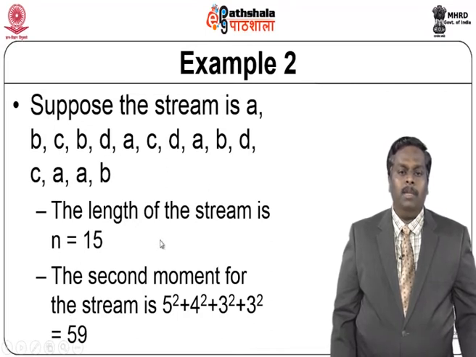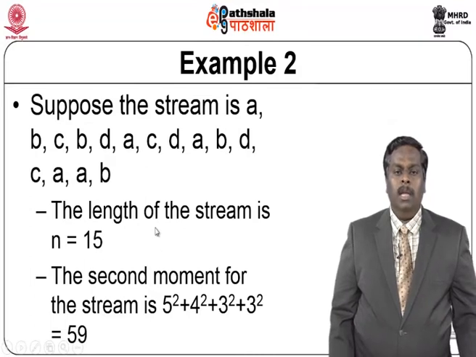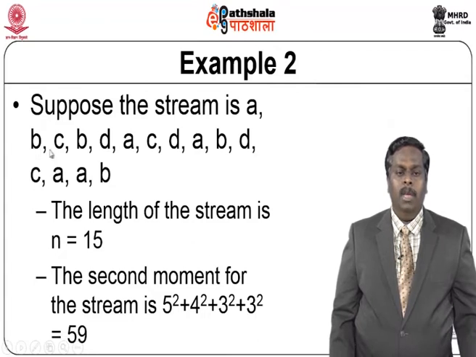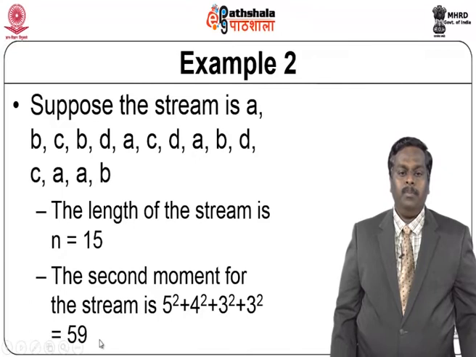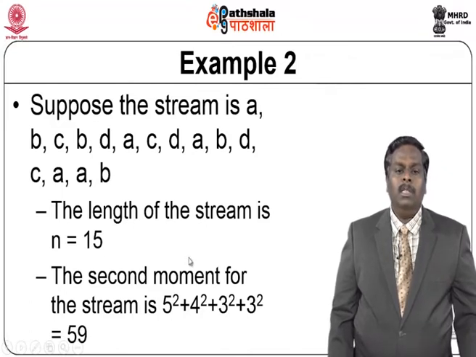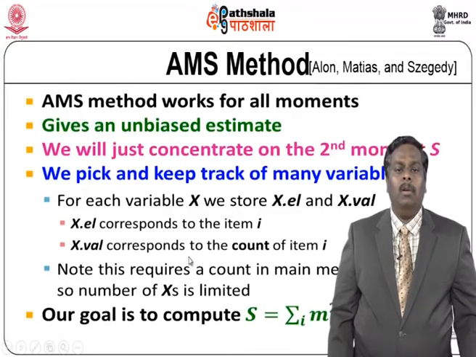Now, if you take these values and use them in the equation of the second moment, it will be equal to 5 squared, the number of times A has occurred, plus 4 squared for B, plus 3 squared plus 3 squared for C and D respectively, which is equal to 59. So, this is how the second moment for a given stream can be calculated.